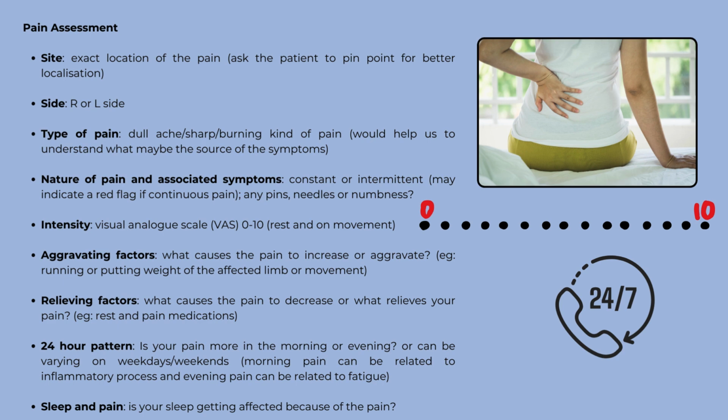Okay, so let's talk about it. The patient says pain on the ankle. We have to understand, okay, which side of the ankle? Is it the outer side or is it the inner side? You can ask the patient, can you pinpoint on the ankle and show me where exactly you are having the pain? And why are we doing this? We are making a hypothesis.